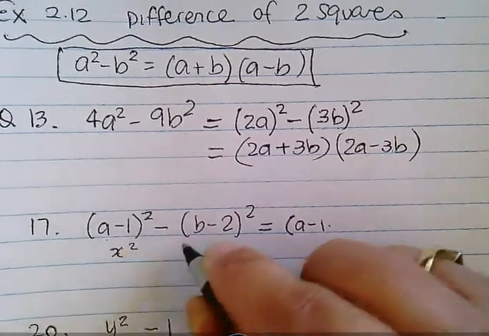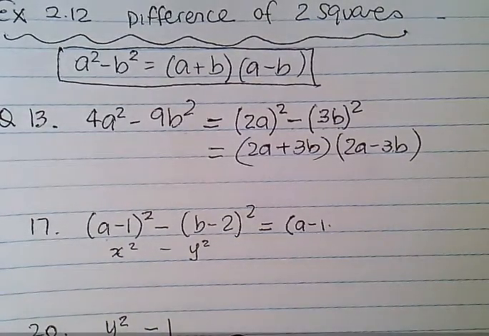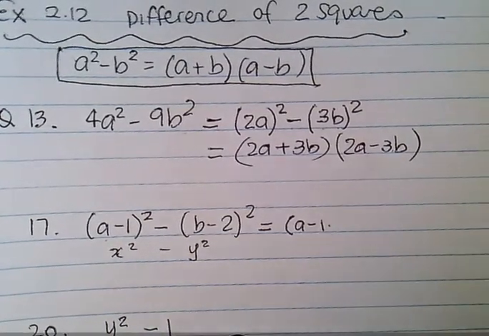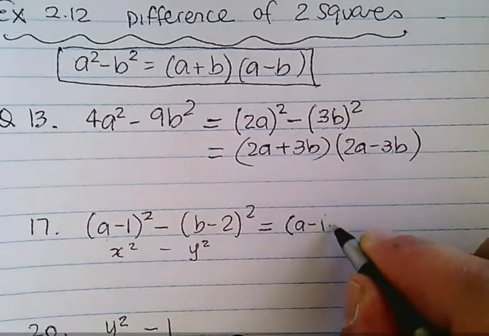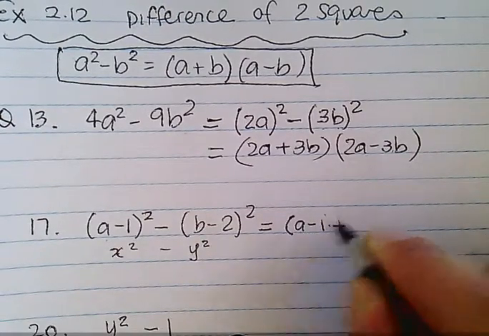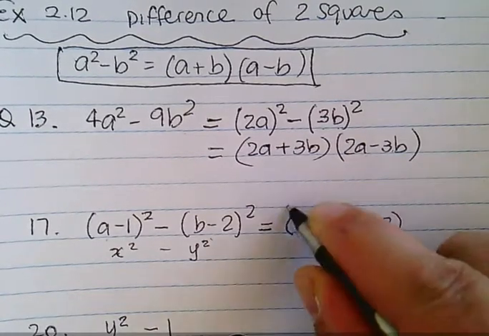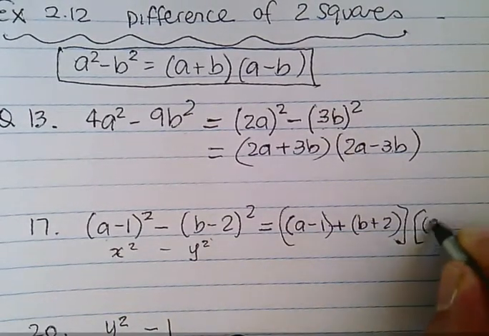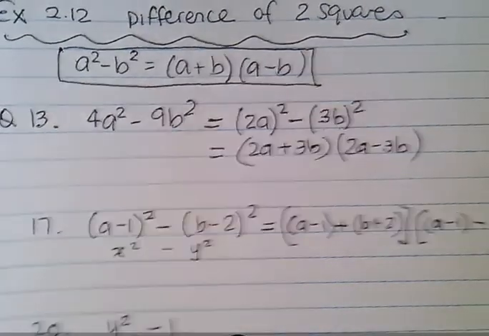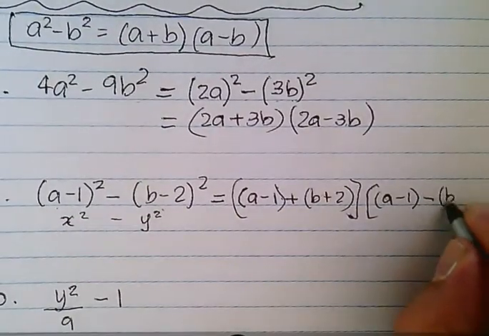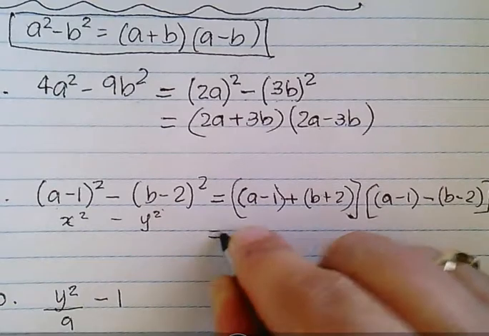I'll call it x: x minus y, x plus y, or x plus y, x minus y. I'll go plus first, and then the first thing minus the second one. I probably didn't need the brackets for the first one, but I've just put them.